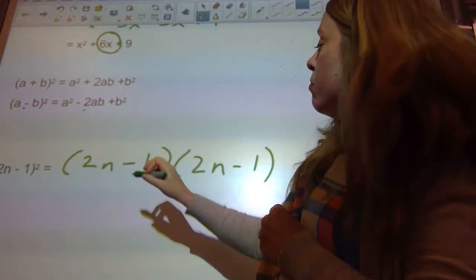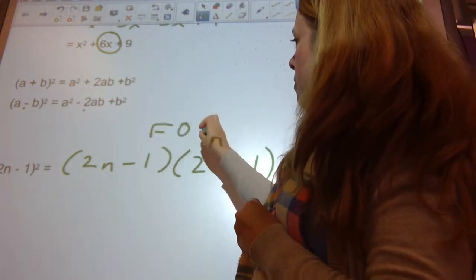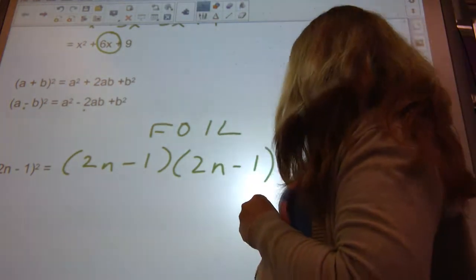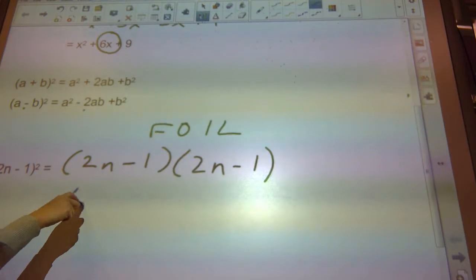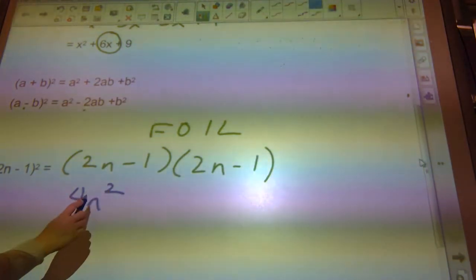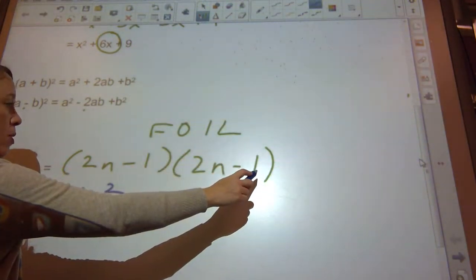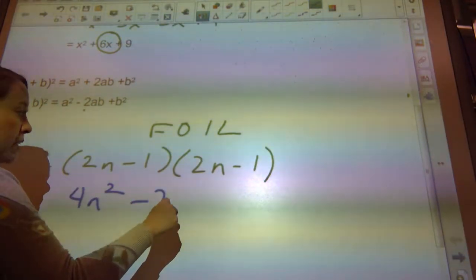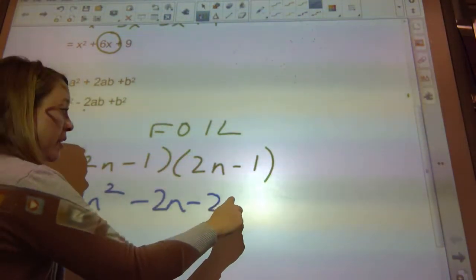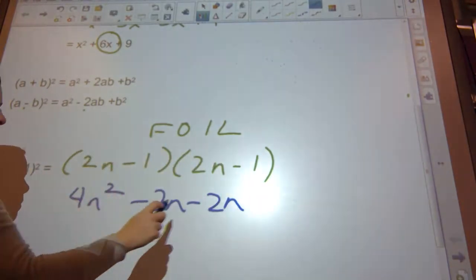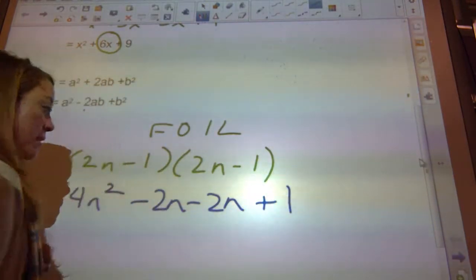Once again, we are using FOIL. So our first term's 2n times 2n, we get 4n squared. Outer terms, -1 times 2n, we get minus 2n. And here, -1 times 2n, we get minus 2n. -1 times -1, we get plus 1.